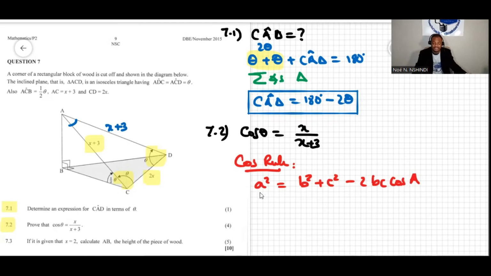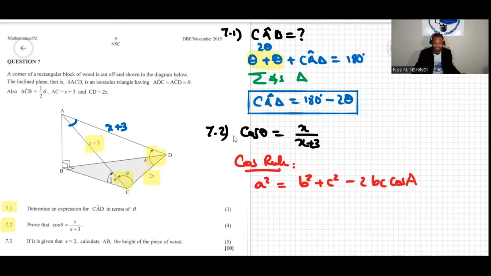The lowercase a is the length of the side, and the uppercase A is the angle opposite a.